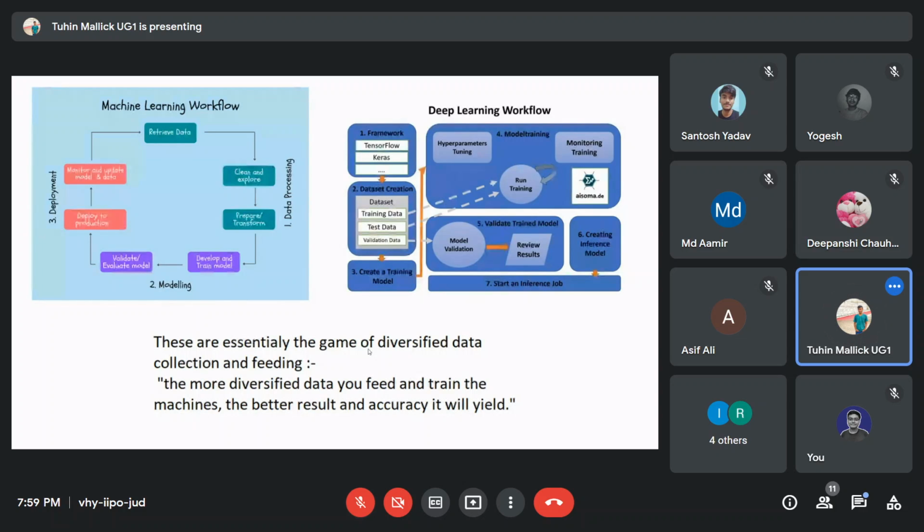Not going into much detail, I will just go over the basic terminologies of the different types of machine learning. As I have already told in the previous slide, there are mainly three types: supervised learning, unsupervised learning, and reinforcement learning.